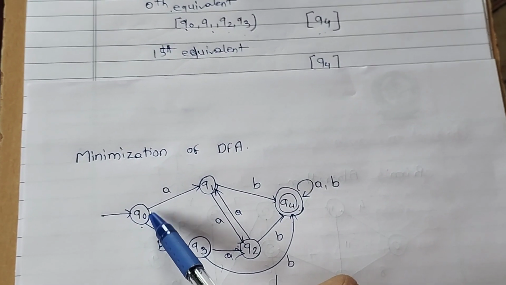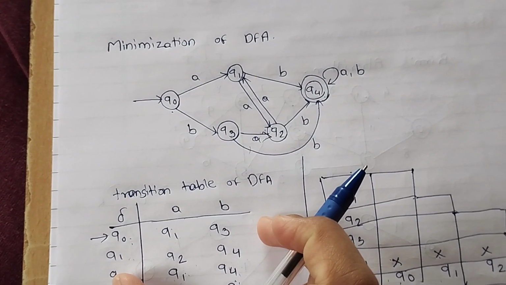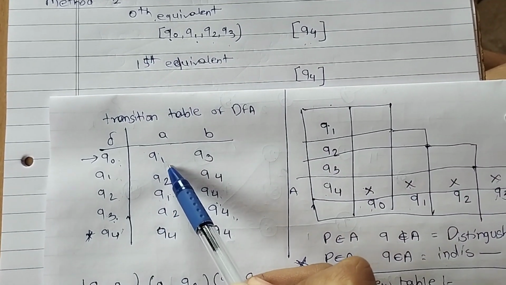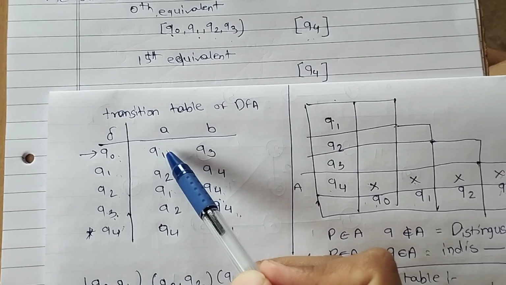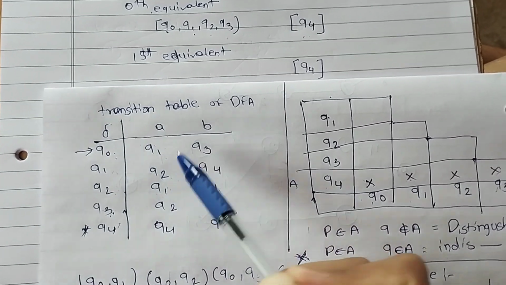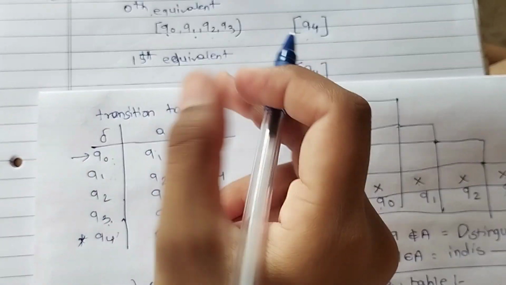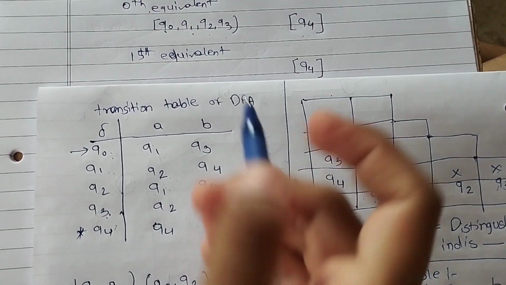Instead of referring to the diagram, we refer to this transition table. So Q0 reads A in Q1 and Q1 reads A in Q2. This A is read in Q1 and Q2, and Q1 and Q2 are present in one group. So Q0 and Q1 are also present in one group in the first equivalent.